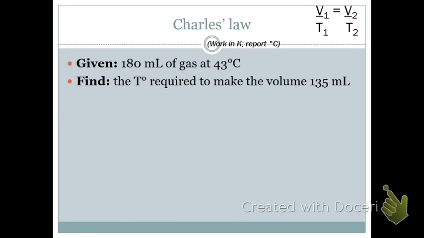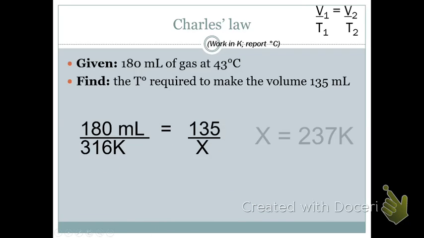Okay, let's check and make sure we got this right. Yep, 237 K. Now, am I done? No, because what did I tell you? If you have K, you take 273 away in order to get degrees Celsius. And why would I do that? Because I gave it to you in degrees Celsius. You've got to give this back to me in degrees Celsius.